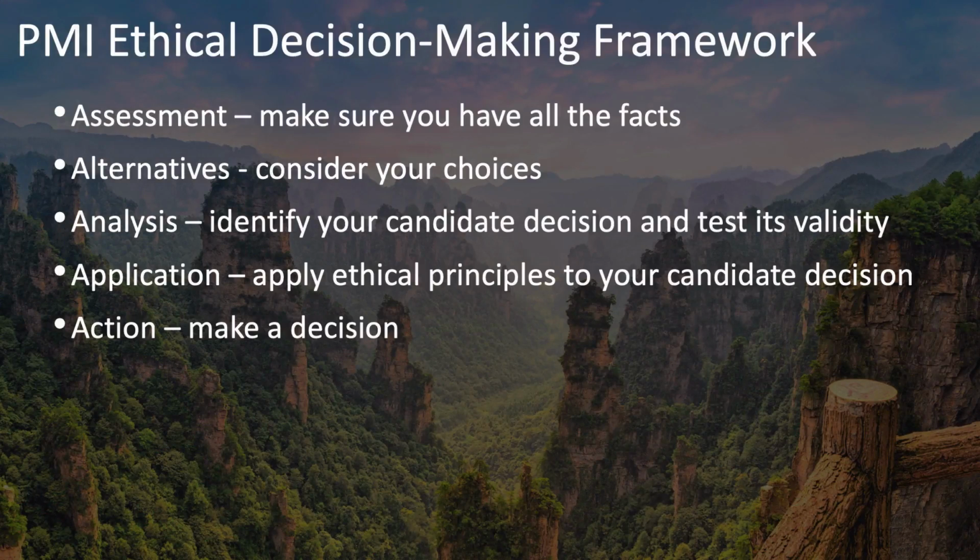It starts with assessment. Make sure you have all the facts. Then you move on to alternatives in which you consider your choices and the pros and cons of these choices. And then analysis, in which you identify a candidate decision and test it. And then apply ethical principles, and then make a decision on an action.